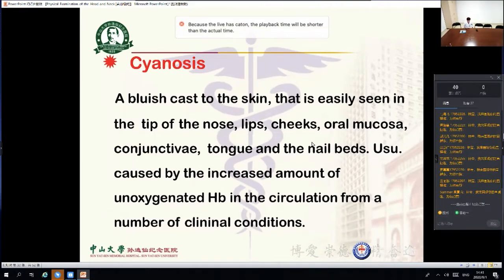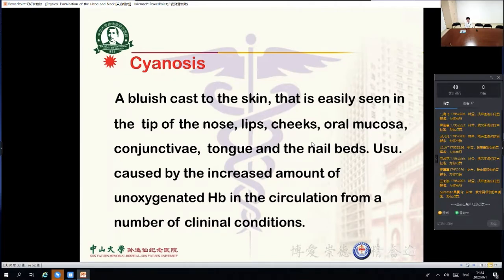Cyanosis. This is an important point for today's talk. Cyanosis is a bluish cast to the skin that is easily seen in the tip of the nose, lips, cheeks, oral mucosa, conjunctiva, tongue, and the nail beds, especially caused by the increased amount of unoxygenated hemoglobin in the circulation from a number of critical situations.